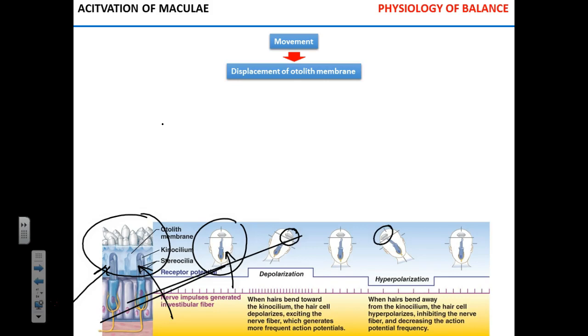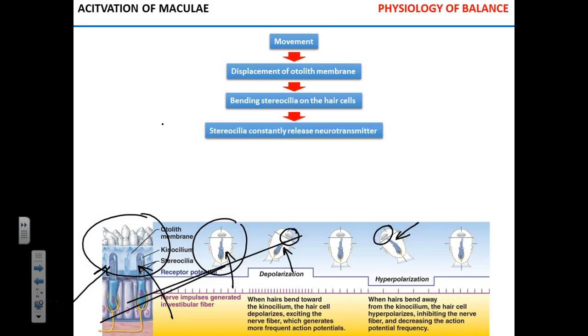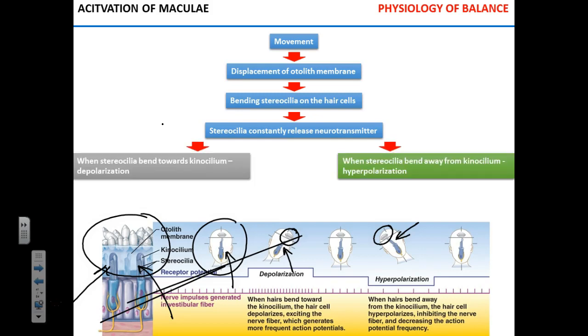Can you see that? As it is displaced, the stereocilia on the hair cells bend. As they bend, potassium channels on the hair cells are either open or closed.